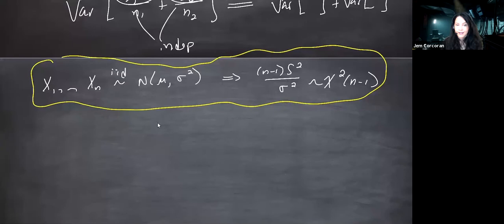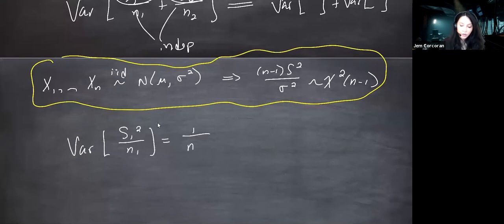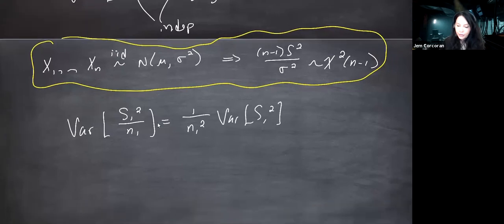So check this out. If I want to find the variance of S1 squared over N1, I'm going to pull that N1 out, so I'll get 1 over N1 squared times the variance of S1 squared. And then how do I do that? I don't know the distribution of S1 squared. I do know the distribution of S1 squared times N1 minus 1 over sigma 1 squared. So write it that way.